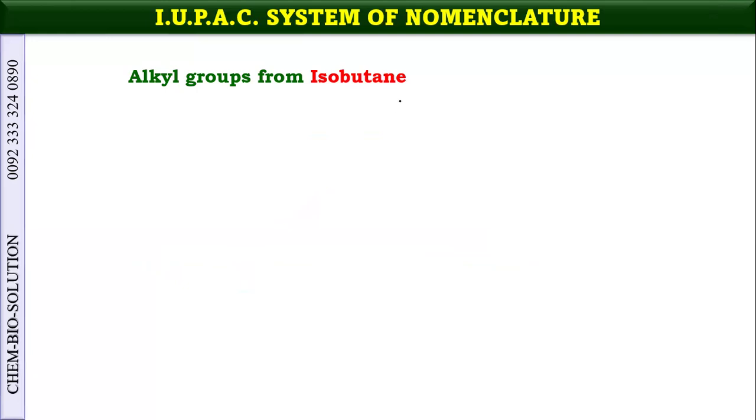Now, alkyl groups from isobutane. What is isobutane? The word isobutane is the name of the compound in the trivial system. It is actually not the IUPAC name. The IUPAC name of this compound is 2-methyl propane.